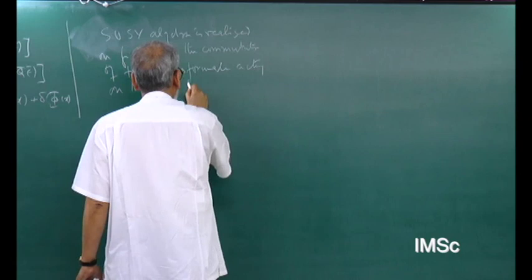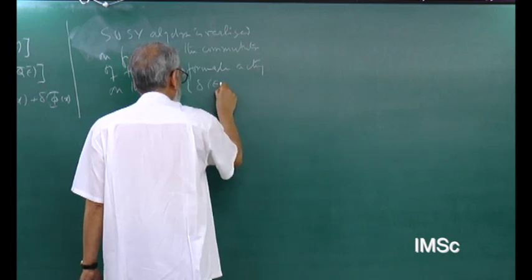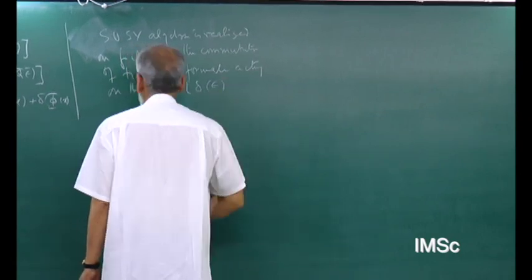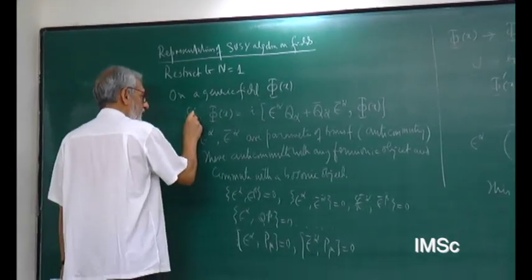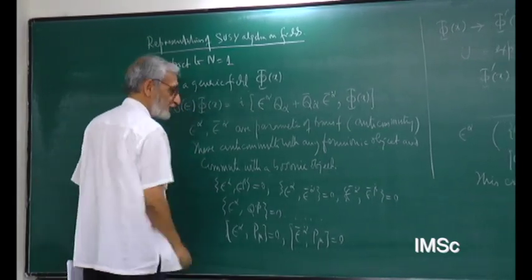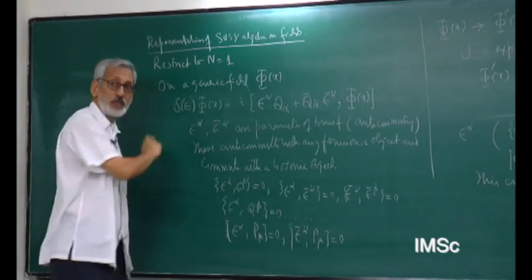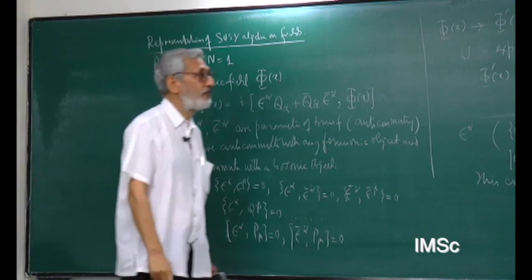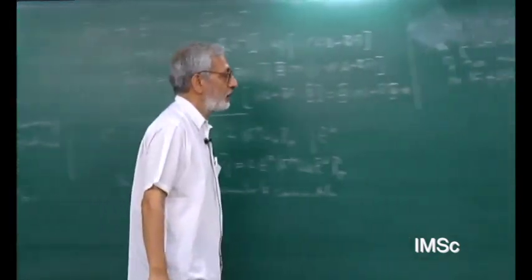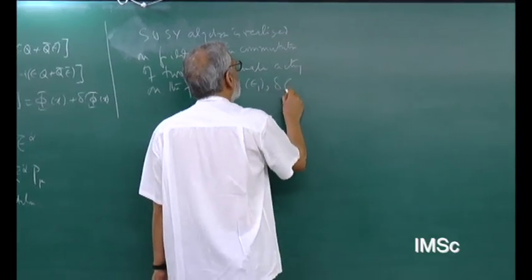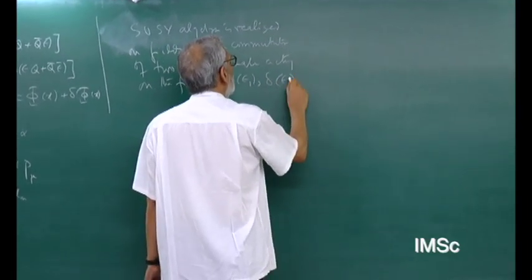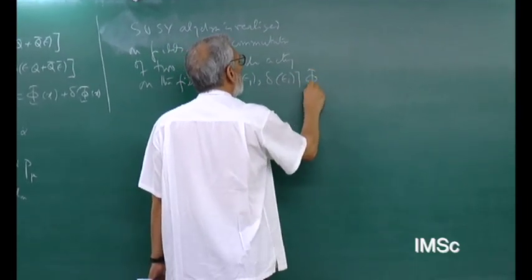That is, I make a transformation delta epsilon 1. So let me call this delta epsilon, a transformation by an amount epsilon, the commutator of two transformations acting on fields.